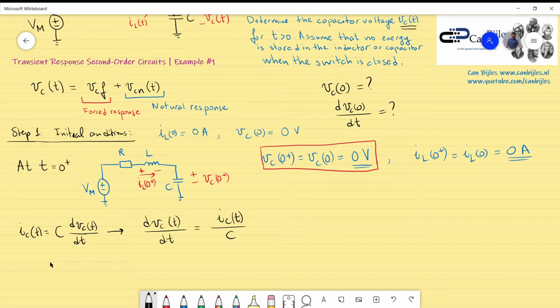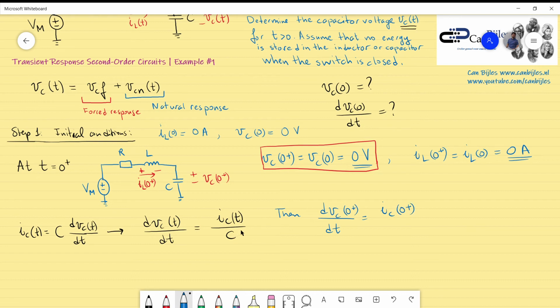If I now evaluate this at 0, because evaluating it at 0 or at 0 plus doesn't matter due to continuity, I can say the following. The capacitor voltage at 0 plus is equal to the capacitor voltage at 0.